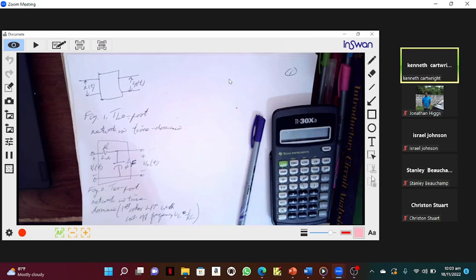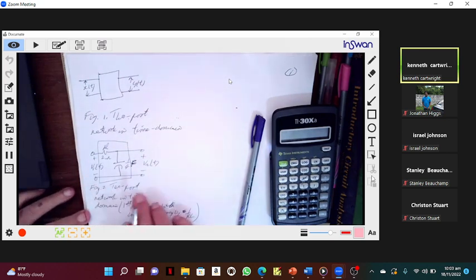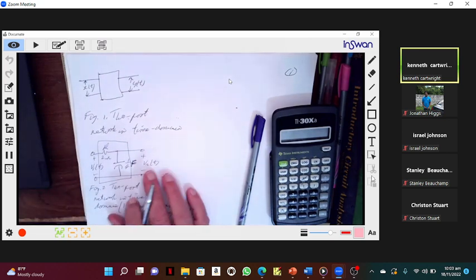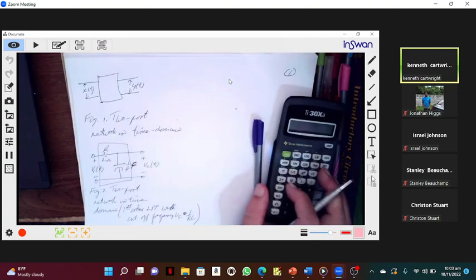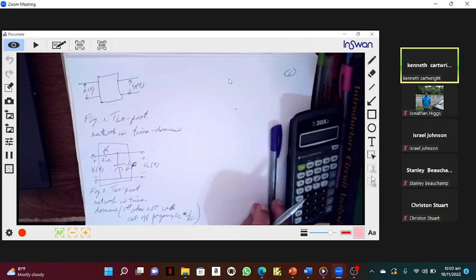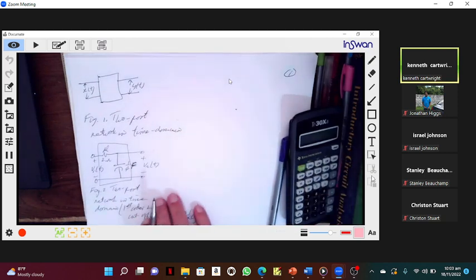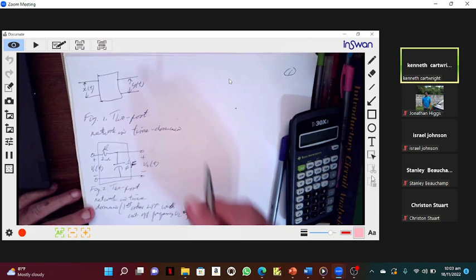A two-port network has input V1 of t and V2 of t, or more generally, we could say X of t and Y of t. So as Mr. Beauchamp said, a two-port network has a transfer function.